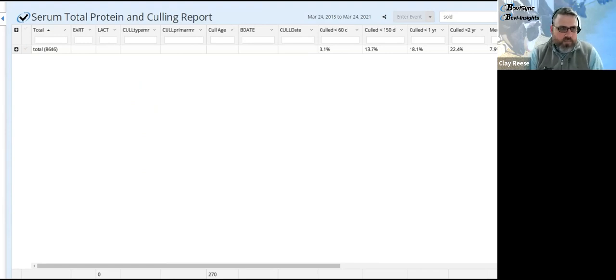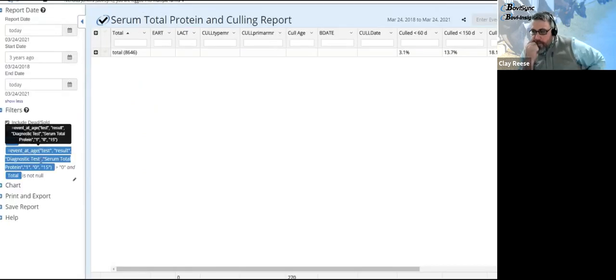Birth date is 3 years ago up until now. These are females only, so just heifers to keep it simple. And then this is a formula, so you can do formulas as filters as well. Just basically saying, I only want to look at the animals that have serum total protein values.